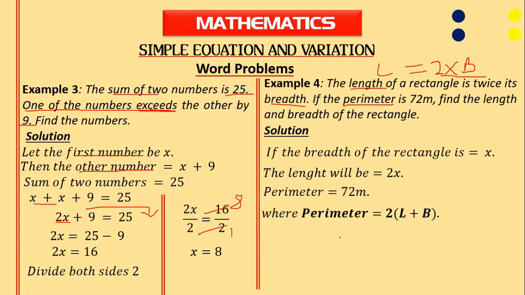That means the perimeter, which is 2 into L plus B, is 2 into L, which is 2x, plus breadth, which is x. If you replace it by this, then this will give you this.